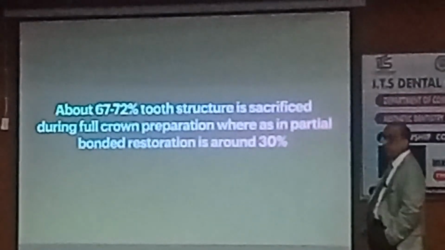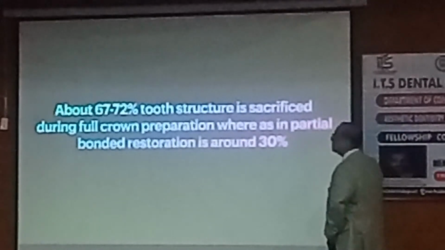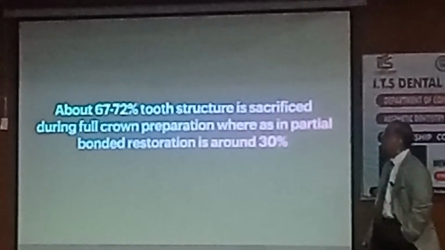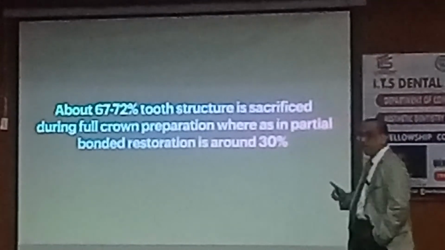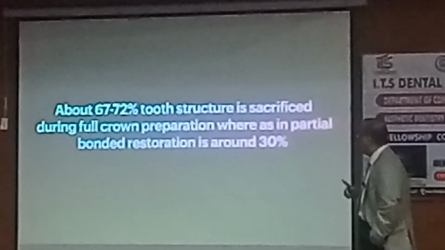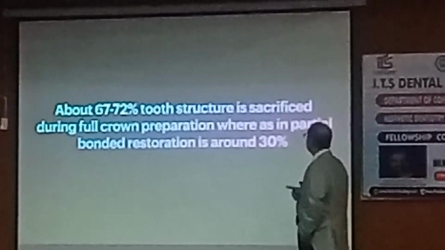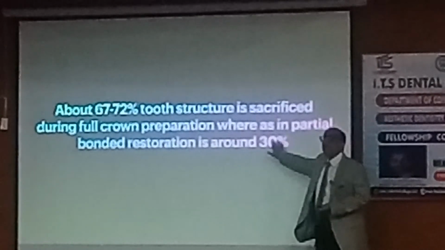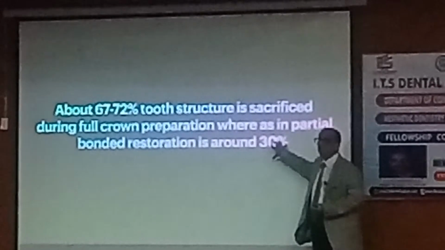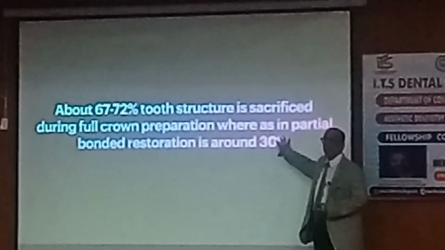So essentially, about 67 to 72% of tooth structure is sacrificed during full crown preparation, whereas in partial bonded restoration, it is around 30%. This is a very, very important finding.